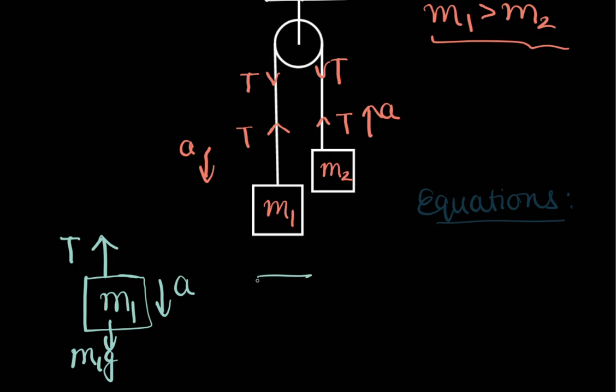For m2, the same type of case: tension T, weight m2g, and acceleration a. Since it is the same string, the tension will be the same for both blocks m1 and m2.